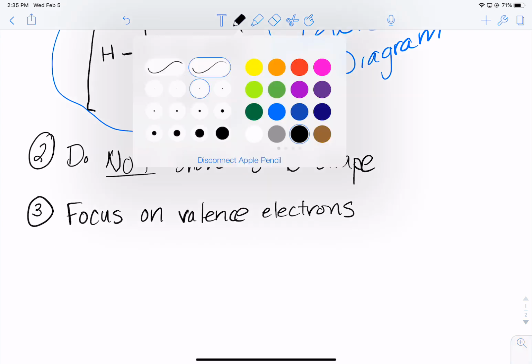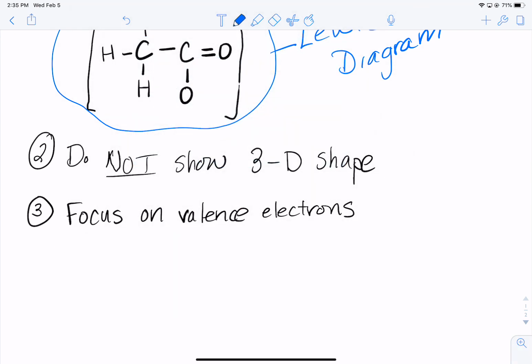So we're focusing on valence electrons. That's why I just went over valence electrons, but let's write down and remind ourselves about them. Valence electrons are the outermost electrons.